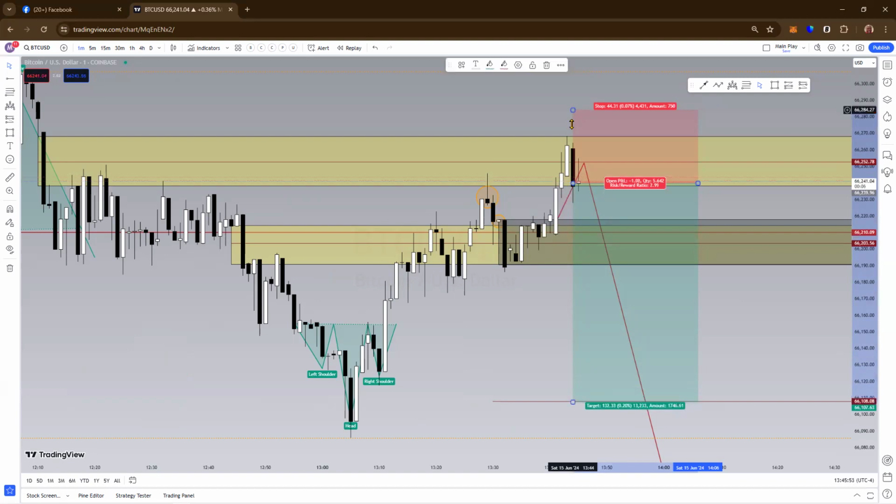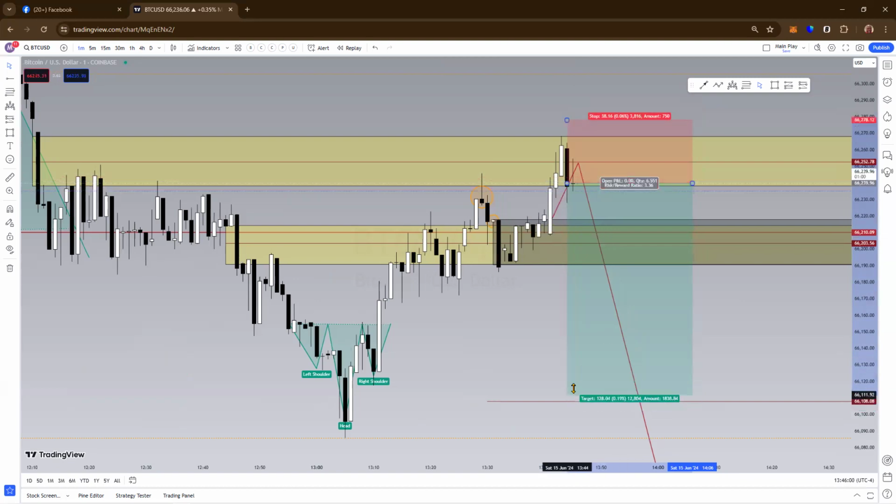Stop loss is above. Here's some room. 1 to 3. There. Okay, all right. So let's see what happens.